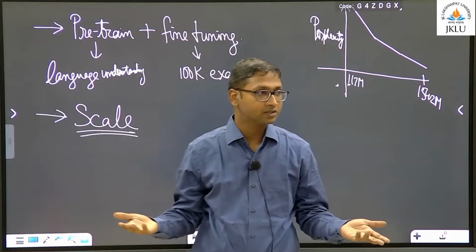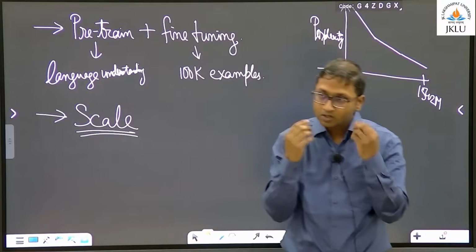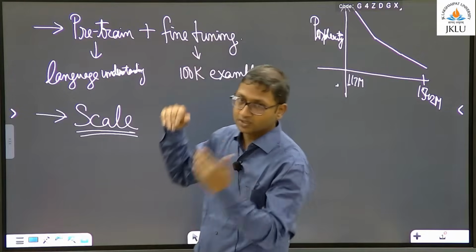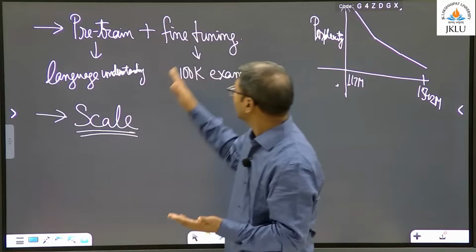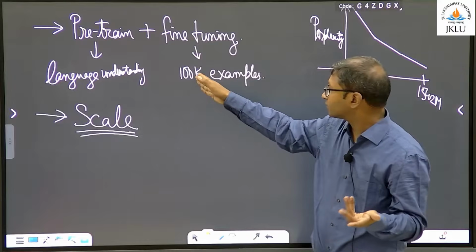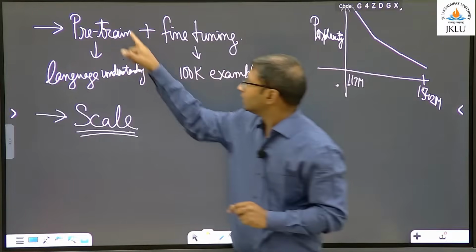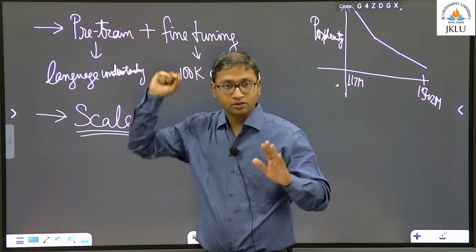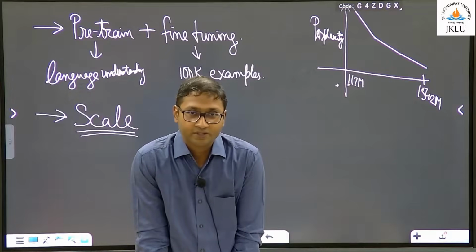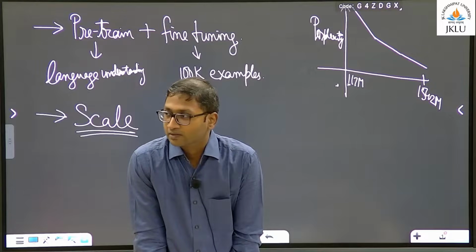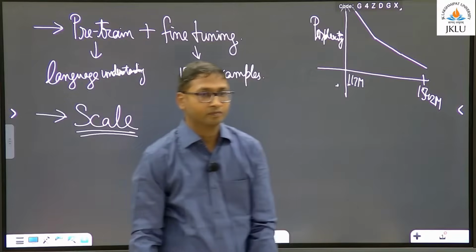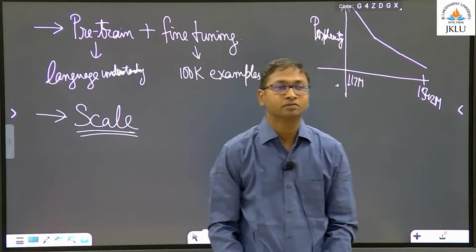Task agnostic means you are not supposed to tell it the task, at least not in terms of fine tuning, where you train the pre-trained model on hundreds of thousands of examples and run everything again. Questions here? I see so many faces that are not in sync. Questions?